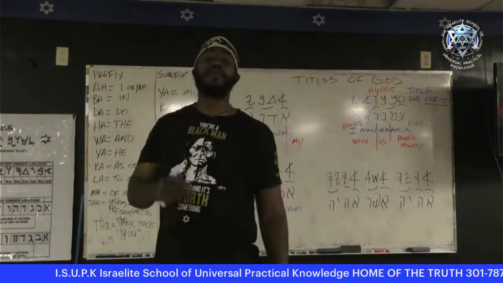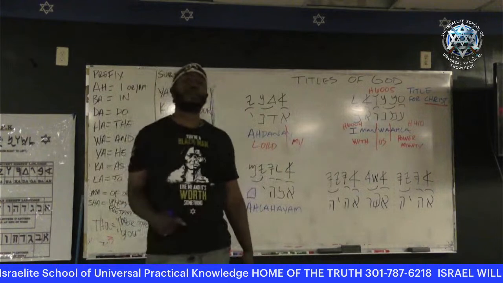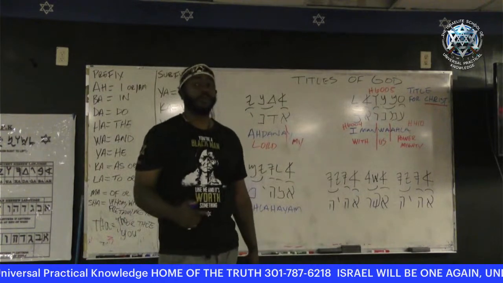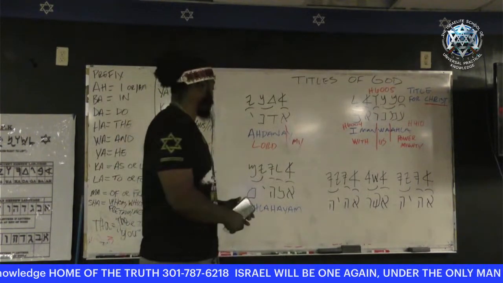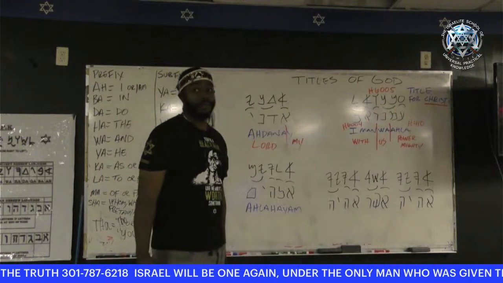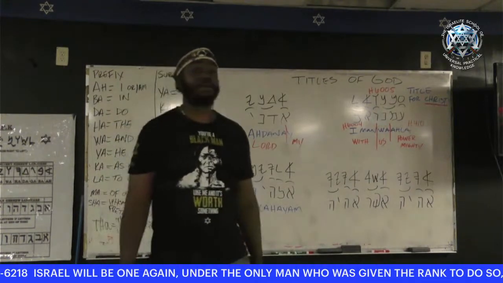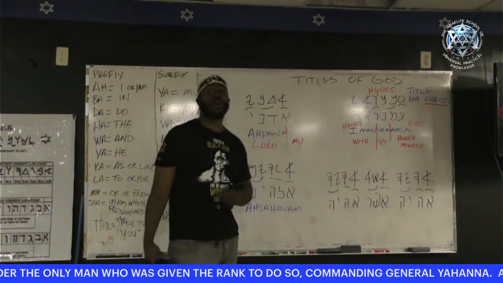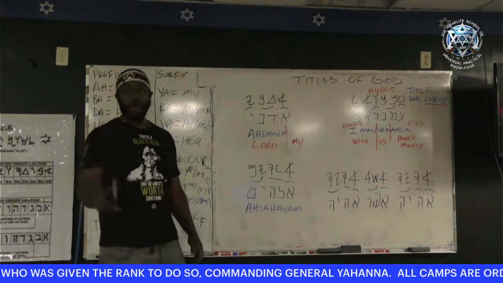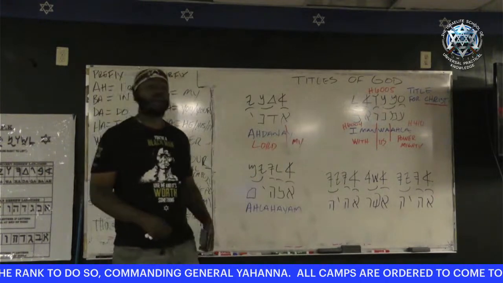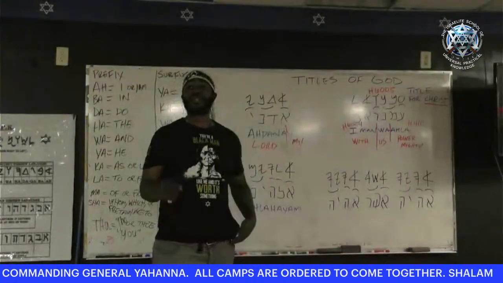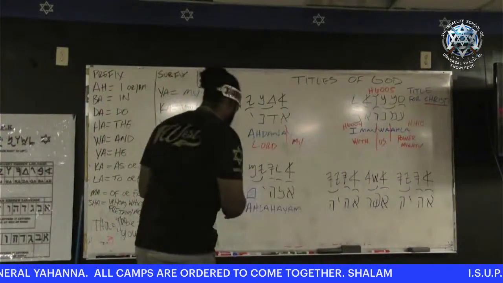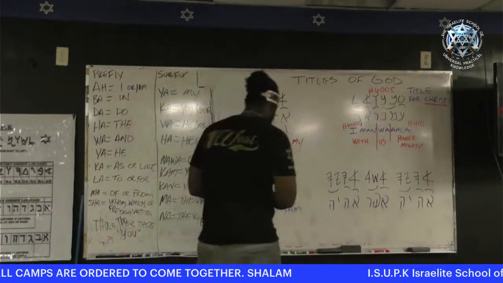Which is why it's important for you to know Hebrew, right? That word God there is Elohim, right? What does the word Elohim mean according to the titles of God that we've gone over? Powers, right? Which is in reference to who? The angels, right?